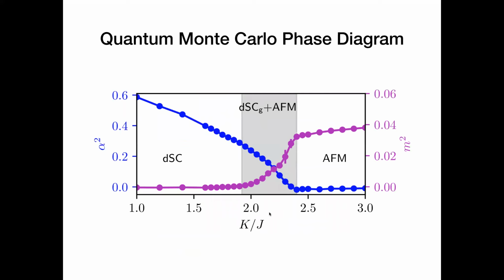Let's say set V to 0.5, where V is the coupling between bosons and fermions, and fix U and T to some numbers, but only tune K over J. As you recall, when J is large, you try to condense this fluctuating Cooper pair. So when J is large, you get nodal d-wave. When J is small, you get antiferromagnetic insulator. So we just tune one parameter to get the three phases.